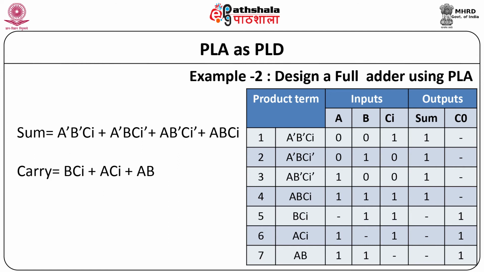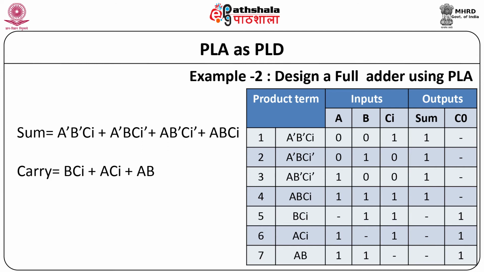The PLA programming table contains product terms, inputs A, B and Ci along with outputs sum and carry out. The Boolean expression of sum indicates 4 product terms. For carry out, there are 3 product terms. First column in the program table is regarding the list of all product terms.